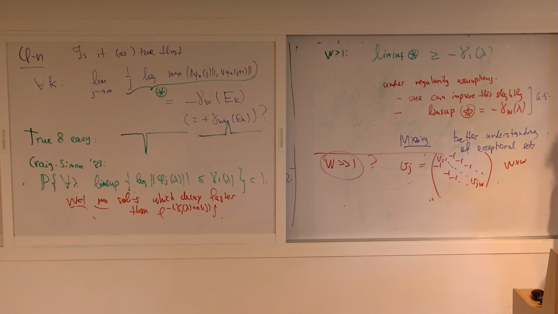So the Goldscheid-Margulis theorem provides no hint as to what the behavior of the Lyapunov exponents for large W is.